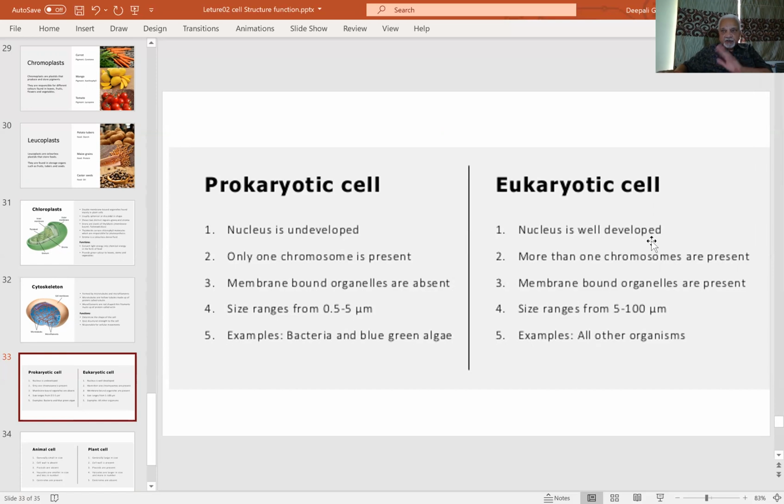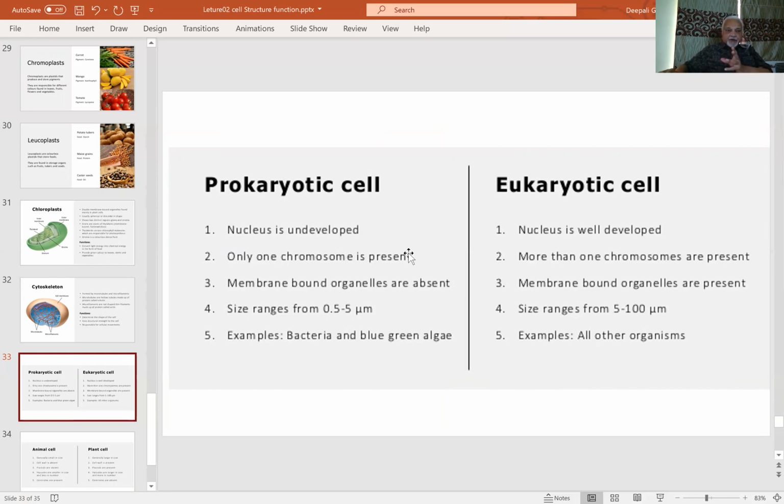So the first difference is at the nucleus level. Second, in prokaryotes there is only a single circular chromosome of DNA, and in eukaryotes, one or more than one chromosomes are present.